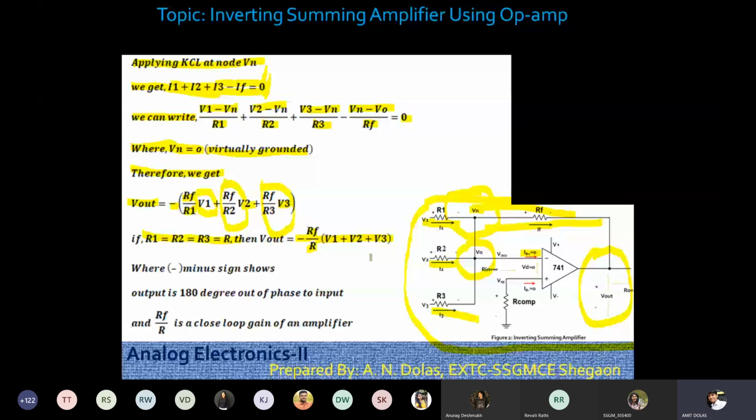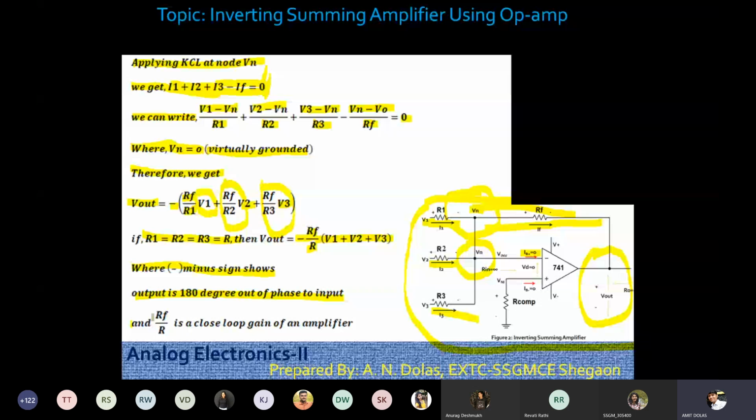Again, these are points which will be repeated several times. Please remember it, where the minus sign shows that the output is 180 degrees out of phase to the input, and RF upon R is the closed loop gain ACL of the amplifier.